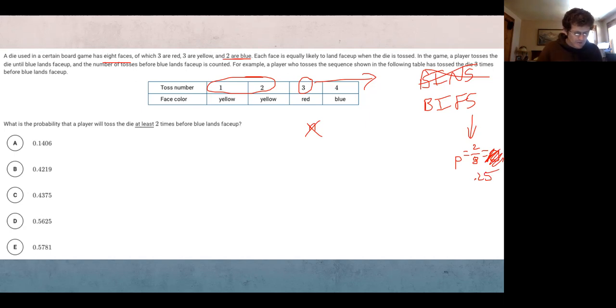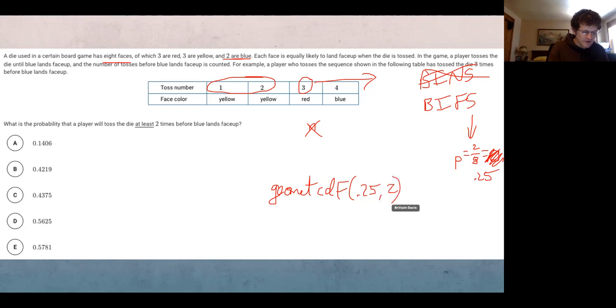Okay, so let's figure this out. We've got a geometric CDF, and we want to have a probability of 0.25 and go at least 2 times. So the first or the second trial, so we can figure that out, but we want the complement of that. So it's going to be 1 minus the geometric CDF.